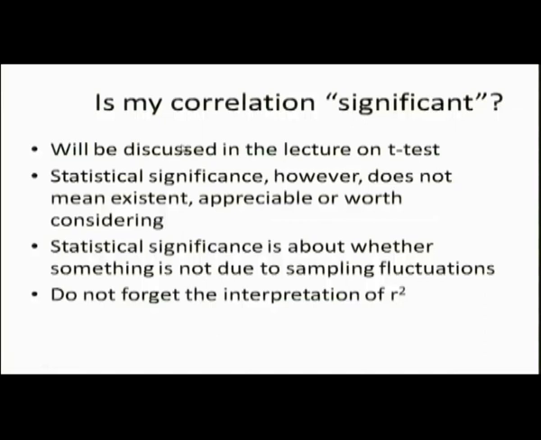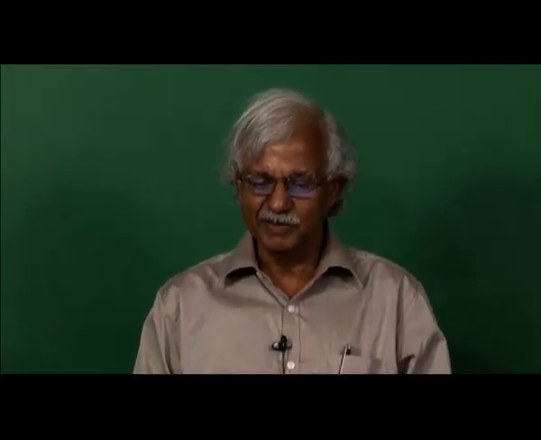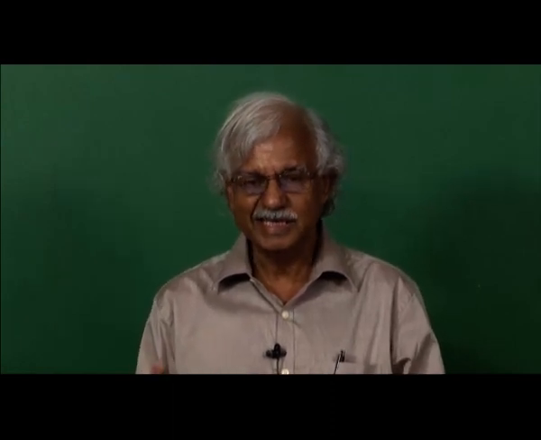Now, the next question would be: is my correlation statistically significant? This will be discussed in the lecture on t-test. What does significance mean? Whether the correlation coefficient that we observe has arisen due to sampling fluctuations or it can be assigned any meaning. There may be a population in which the true correlation between x and y is 0, but your sample data gives you some correlation.